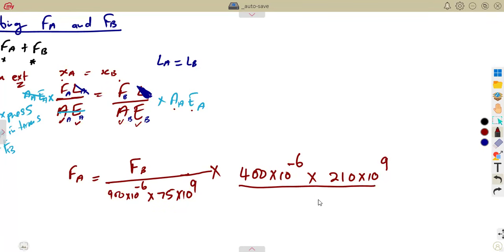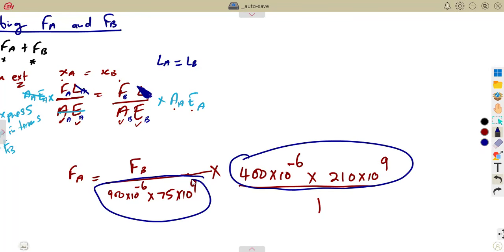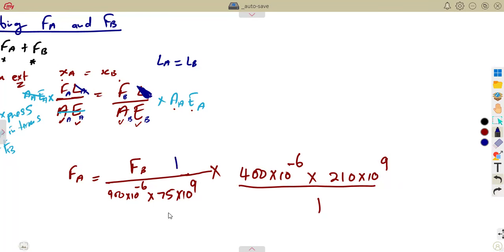So this whole part here, you take this and divide it by this, because it is in terms of FB. There's no substitute for FB, so you just need these values. Or just take it as 1 over this times this. Simplify properly there, because this is the same as over 1. So it is going to give us FA in terms of FB.